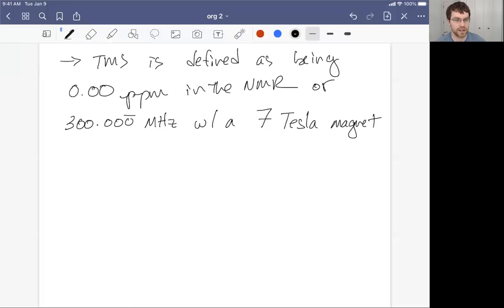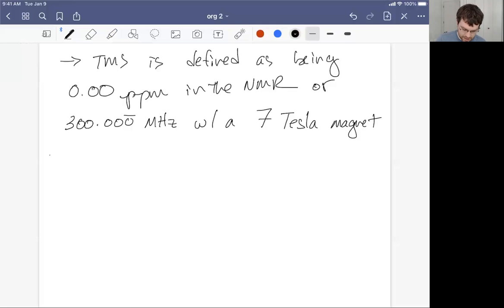Now, what's cool about that is if I go up to an 11.8 Tesla magnet, which I said was called a 500 megahertz NMR, because protons absorb at about 500 megahertz and flip from the alpha state to the beta state, TMS now is 500.0 on forever, and so on and so forth. So the name of every NMR, whether it's 300, 500, 700, 900, 1.1 gigahertz NMR, corresponds to the resonance absorption frequency for tetramethylsilane, TMS, in every case.